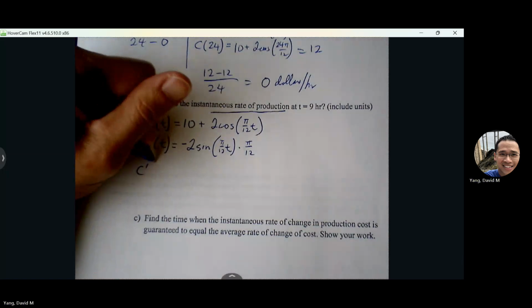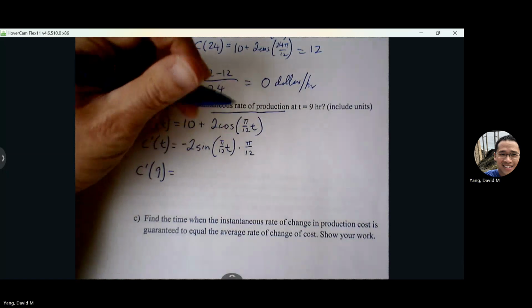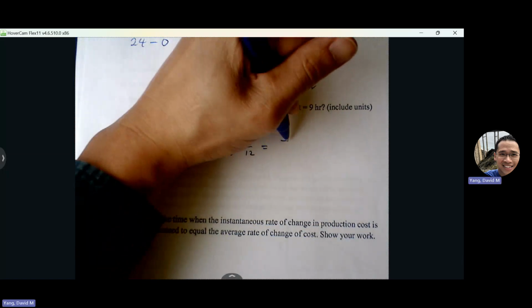Plug 9 in. See this being reduced to negative pi over 6.